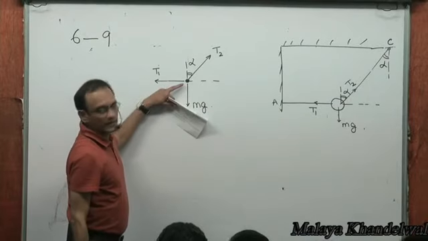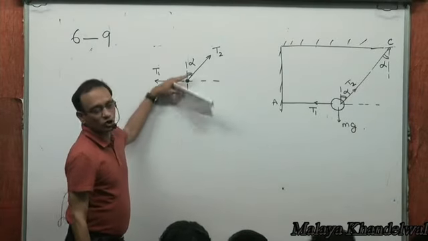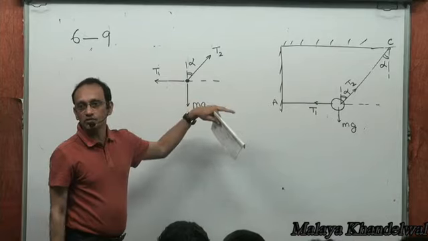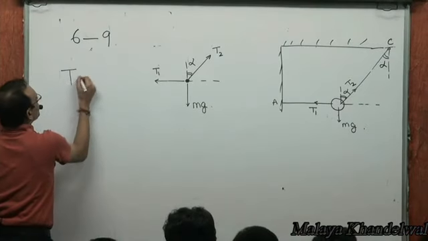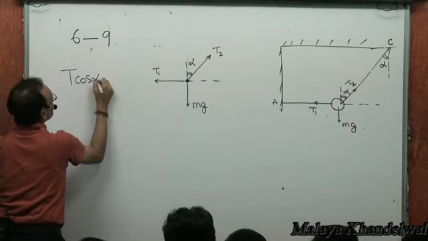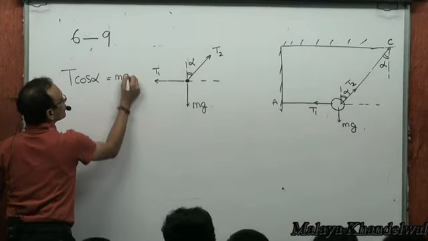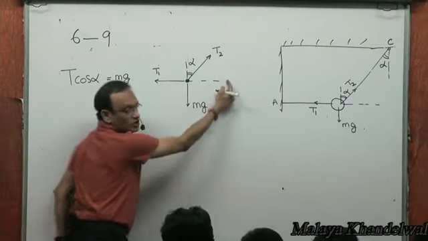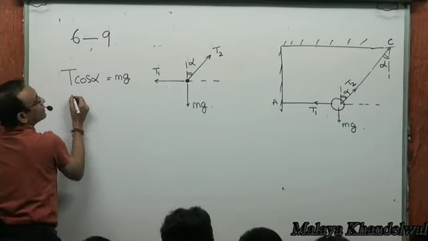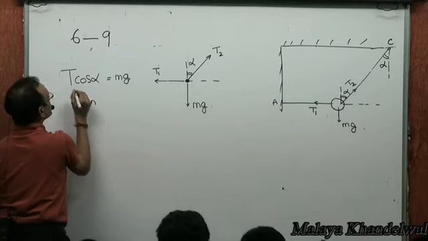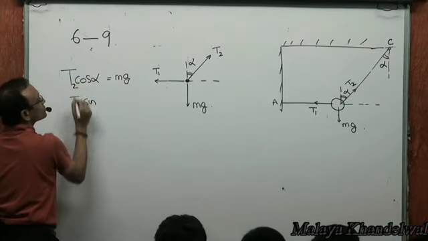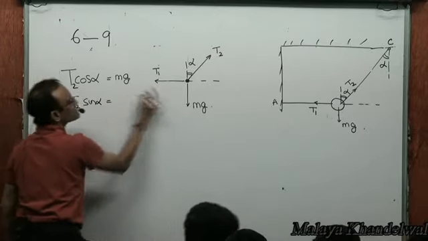Now for equilibrium, horizontal and vertical forces must add up to 0, right? So very clearly, vertical forces, T2 cos alpha must take care of the weight, whereas T2 sin alpha must take care of T1.